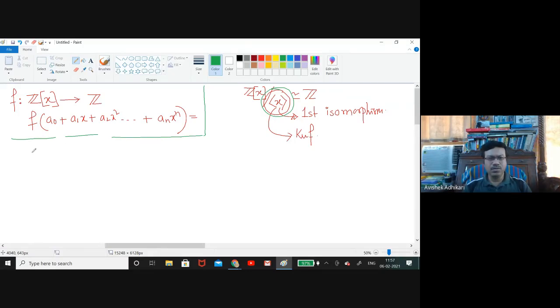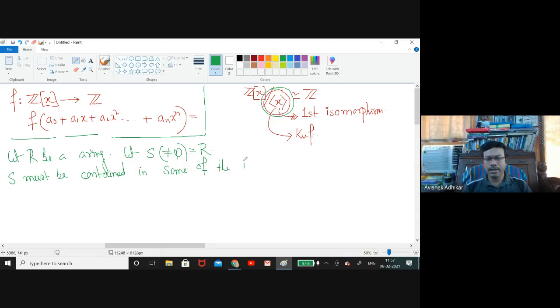So now suppose R is a ring, let R be a ring, and let S be a non-empty subset of R. Now we can see that S must be contained in some of the ideals of R. So for the time being I am considering left ideals.